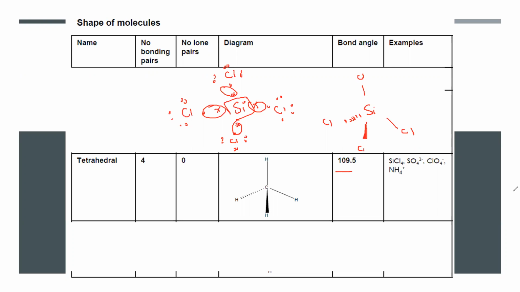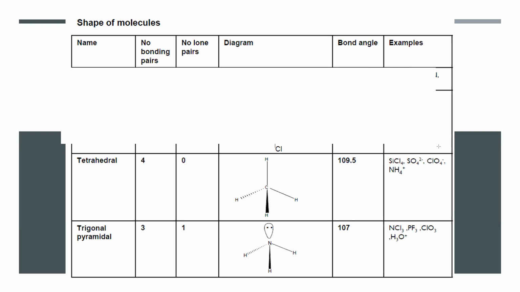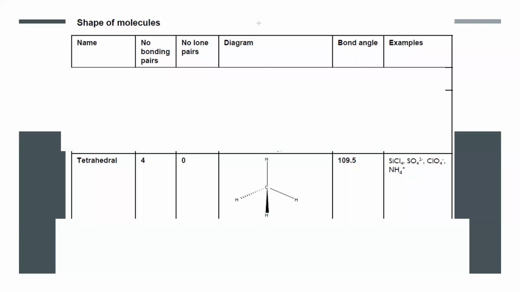Why does ammonium have a tetrahedral structure? Because when you draw the structure of the ammonium ion, ammonium is NH4. But how is it formed? Nitrogen belongs to group 5, so it will share 3 electrons with hydrogen.